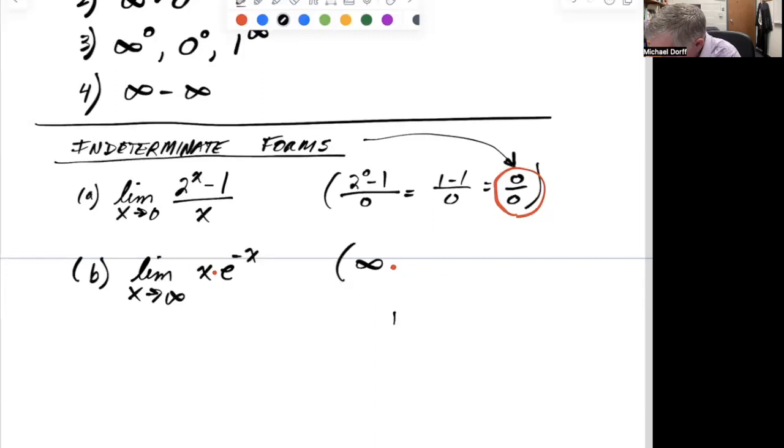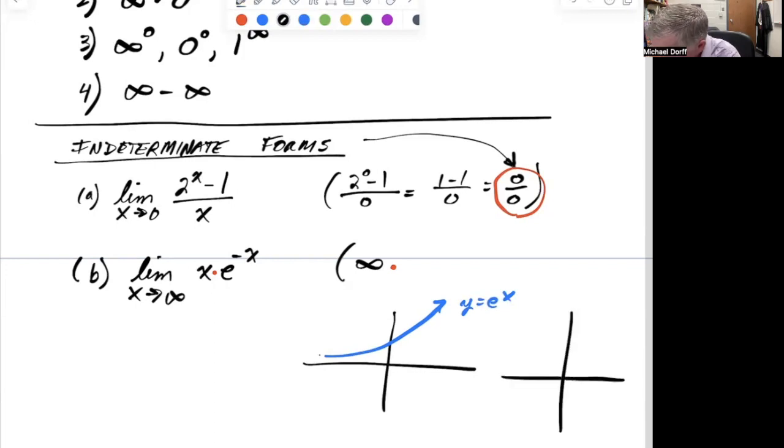Well, remember, if I have my graph here, y equals e to the x looks like this. The graph of y equals negative e to the x looks like this. That's the graph of y equals e to the negative x.